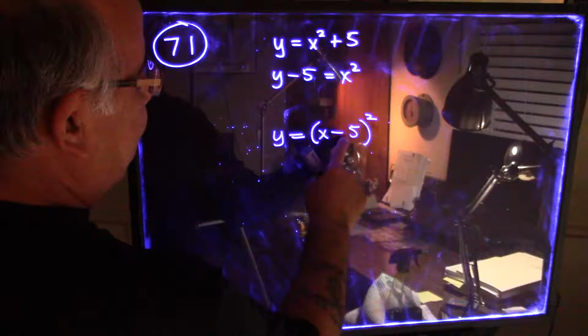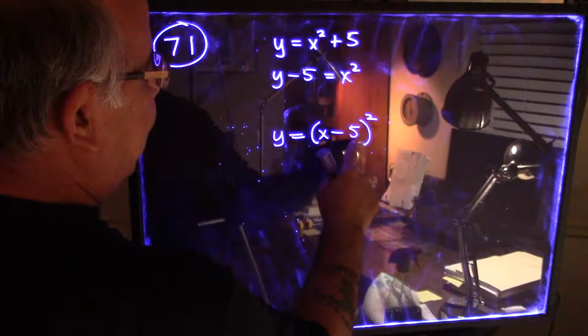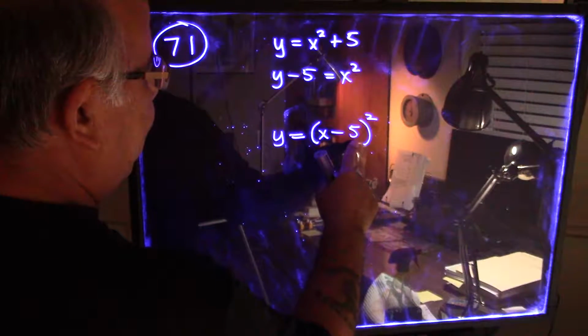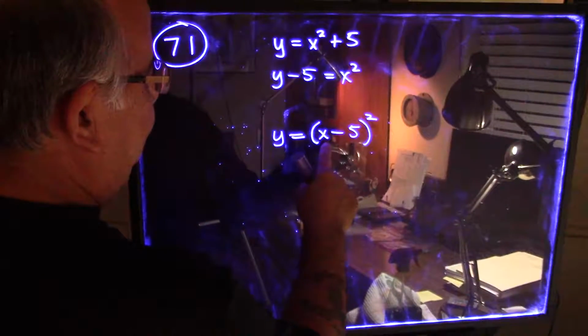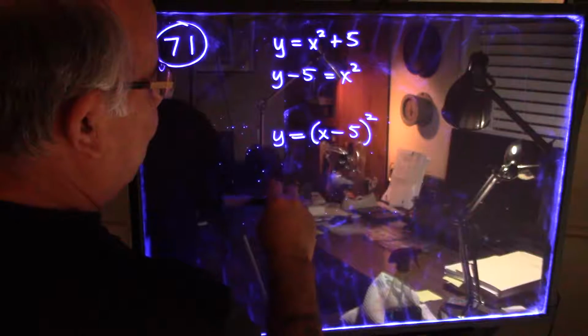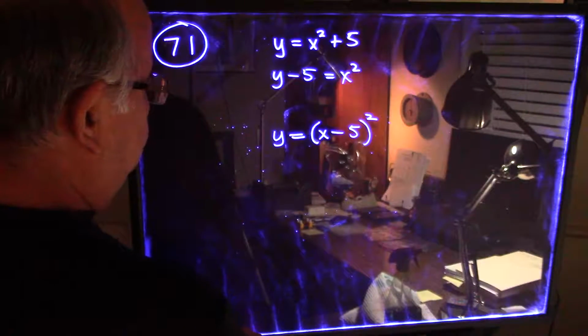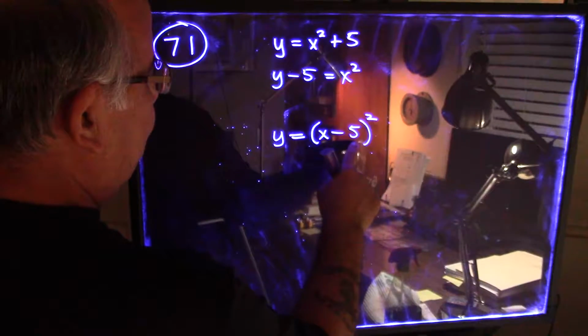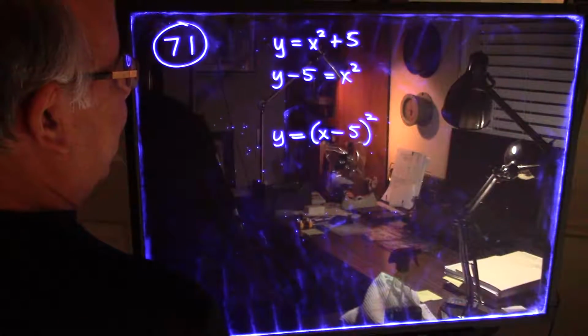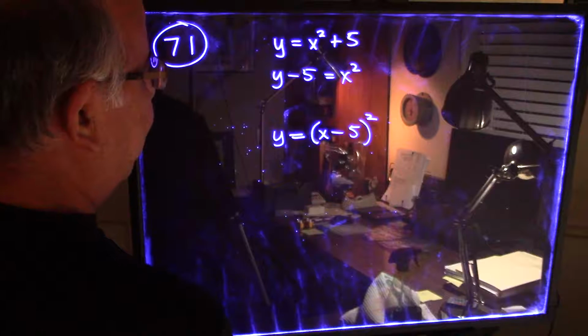Well, that x minus a constant, that constant is going to cause a horizontal shift. Think horizontal because it's next to the x. Think x-axis is horizontal. And so it's going to be x minus a positive constant, and that's going to go to the right 5 units.